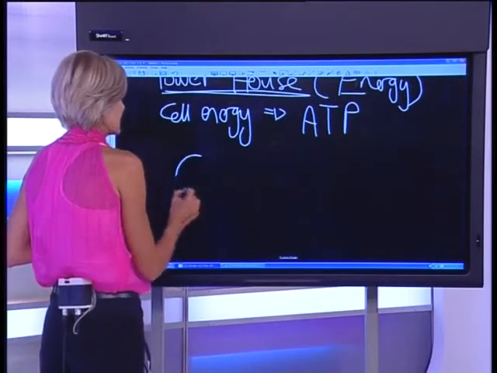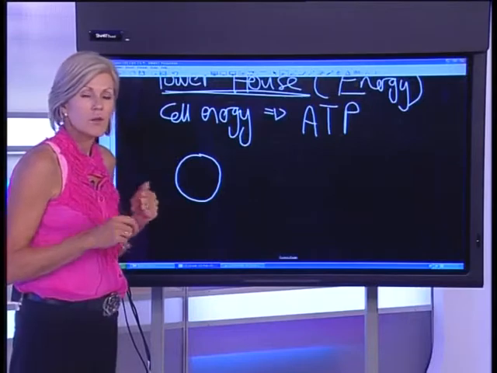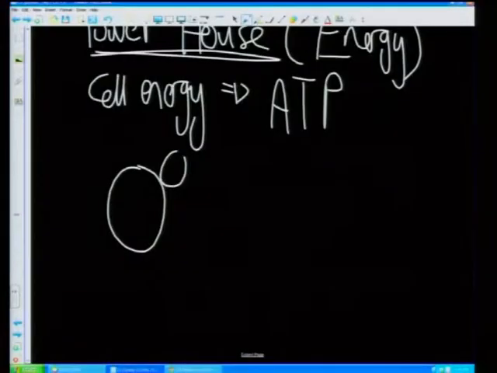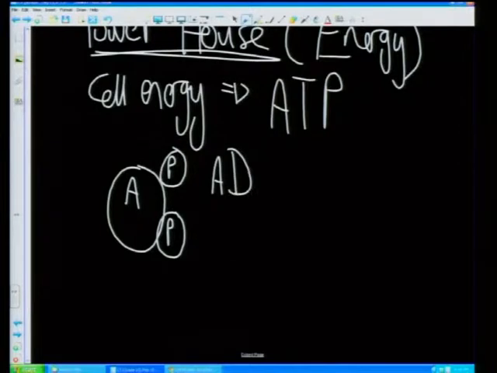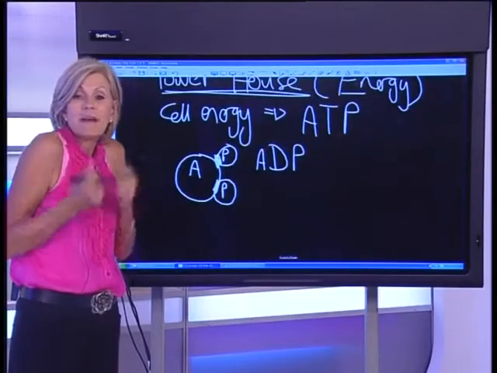ATP is an adenosine molecule, which is a protein, and a phosphate that attaches to it. So there's your adenosine, and this would be adenosine diphosphate. And there's energy that sits here in the bond between the phosphates and the adenosine molecule. Then we've got something that makes energy.